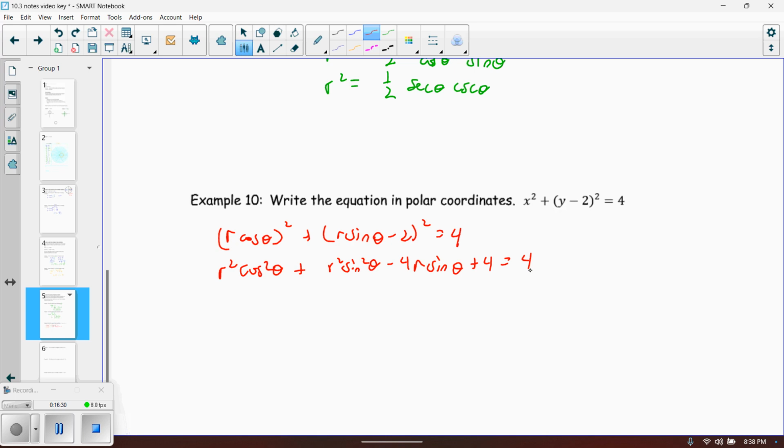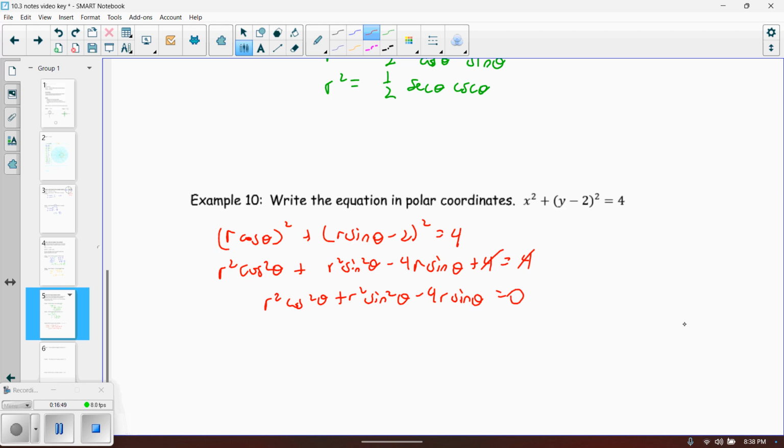Okay, if I want to start solving this, well, I can subtract 4 on both sides. That's nice. So I get r squared cosine squared theta plus r squared sine squared theta minus 4r sine of theta equals 0.